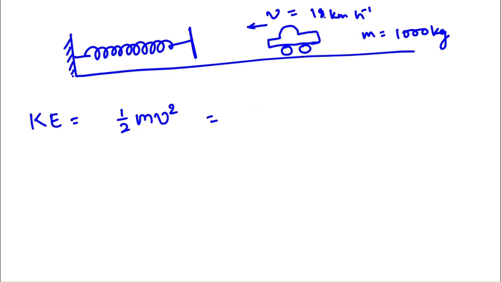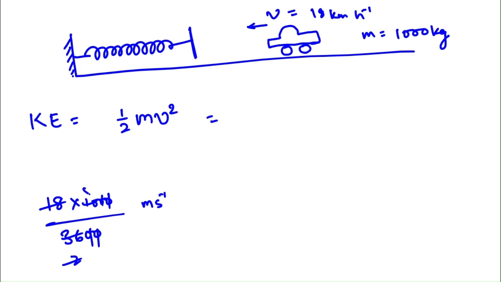So let us change this velocity from 18 kilometer per hour into meter per second. 18 kilometer is 18 into 1000 meter, divided by an hour, which is 3600 seconds. So the velocity will be 5 meter per second.